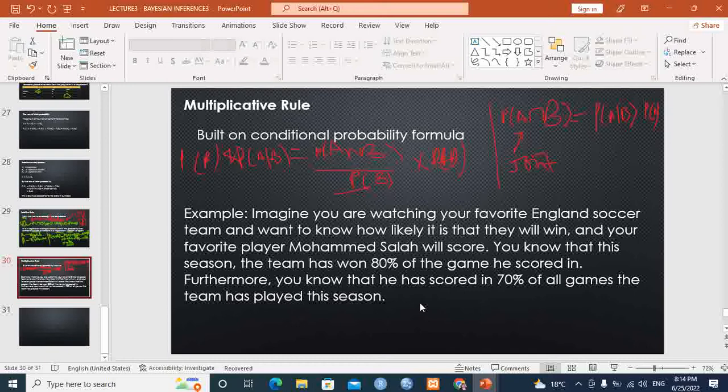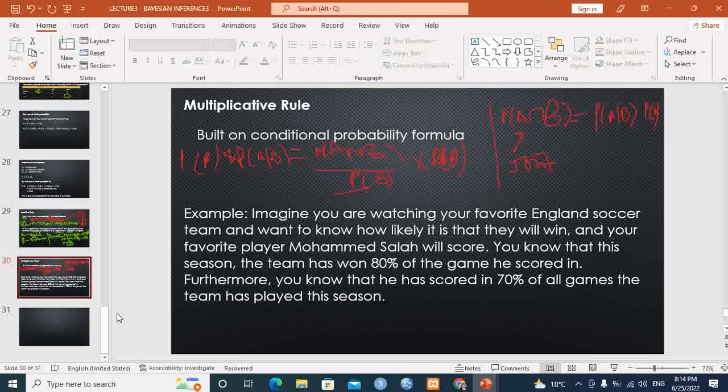Let's assume you don't gamble or try to predict for money anyway. And your favorite player Mohamed Salah will score. You want to see if they win and Salah scores. You know that this season the team has won 80% of the games he scored in. Furthermore, you know that he scored in 70% of all games.